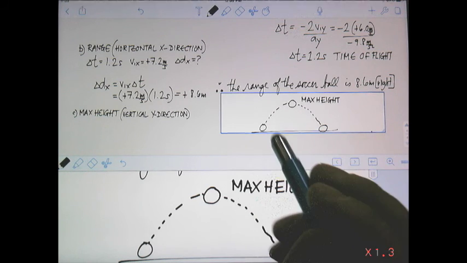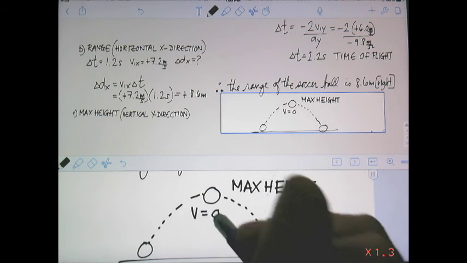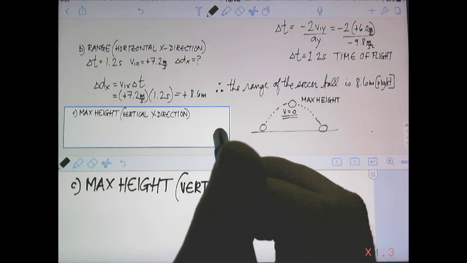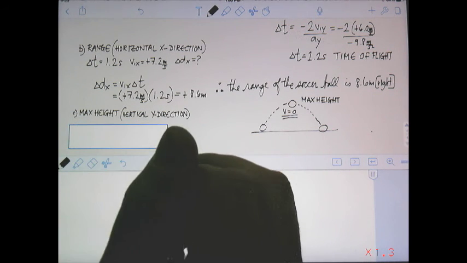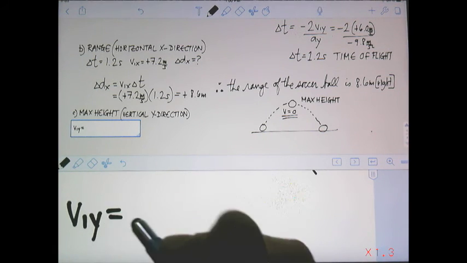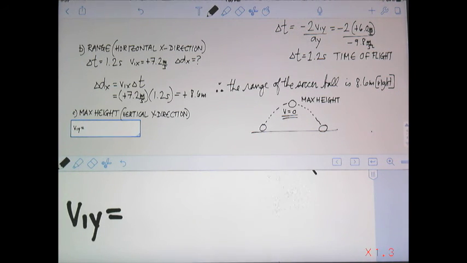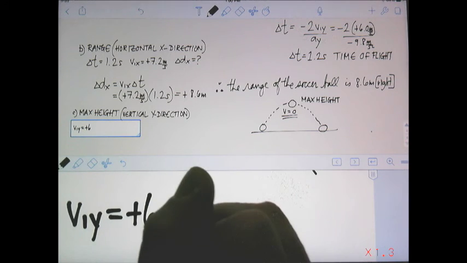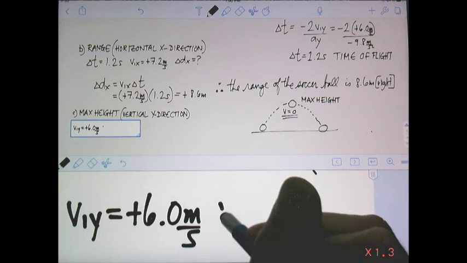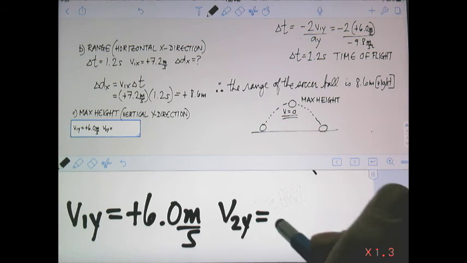The velocity at max height is 0. So we're going to take a look at this information. We know that this object had an initial vertical velocity of plus 6 meters per second, and when it reaches max height, its velocity is 0.